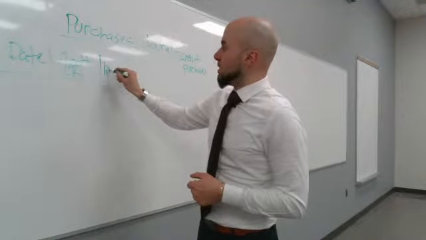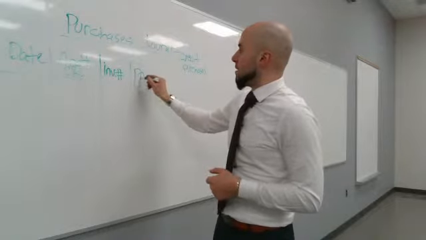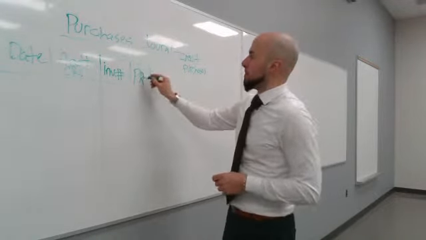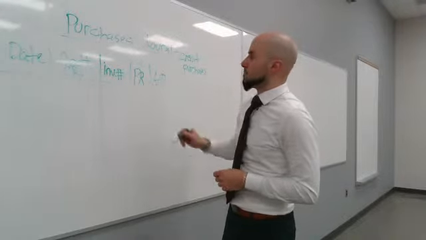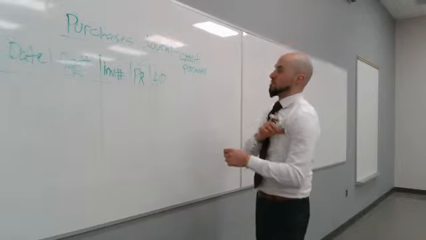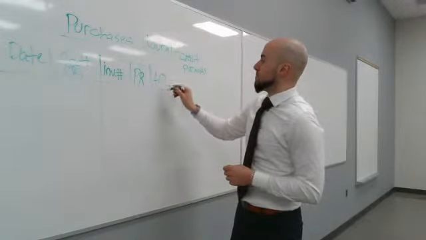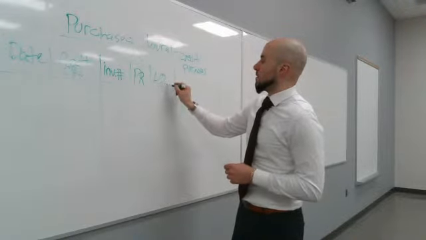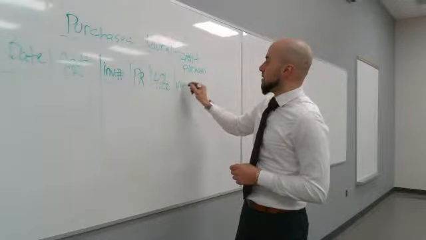Okay. Invoice number, PR, okay. Then you're talking about accounts payable. Okay, credit. Inventory.